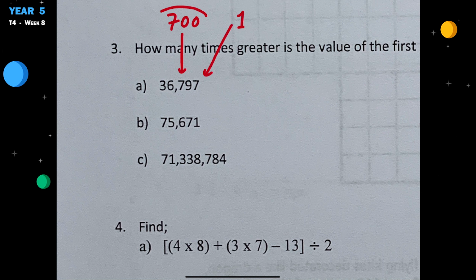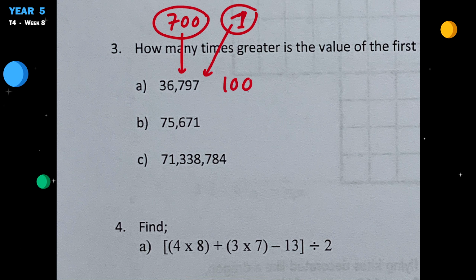How many times bigger is it? Well, this is just 7. How many times bigger is 700 compared to 7? Well, it's 100 times bigger. This one is 10, 100, 1,000. This is 1,000 times bigger. This one is 10, 100, 1,000, 10,000, 100,000.